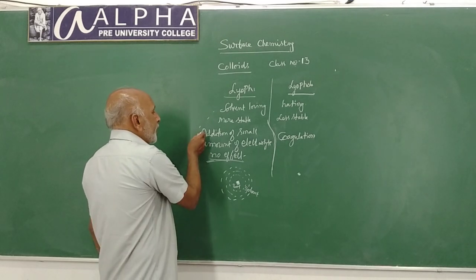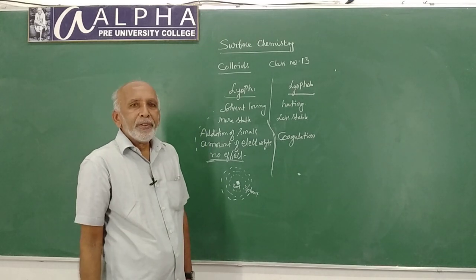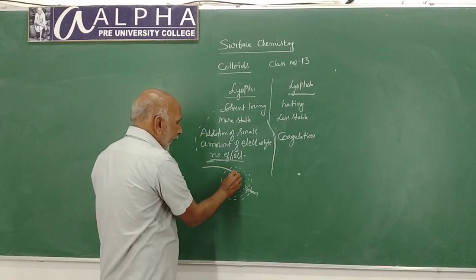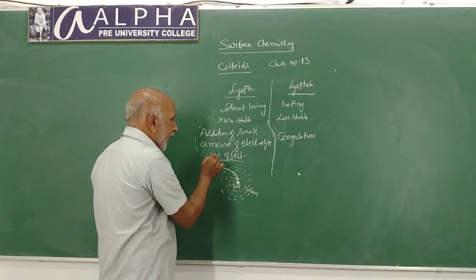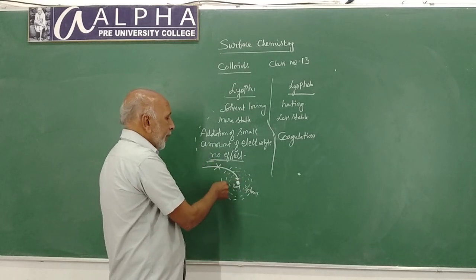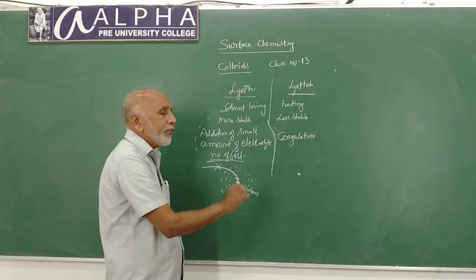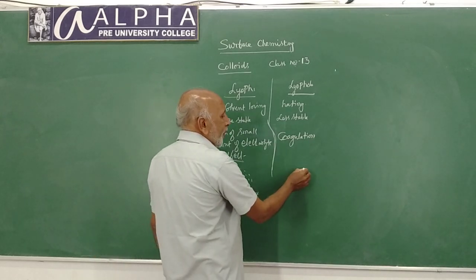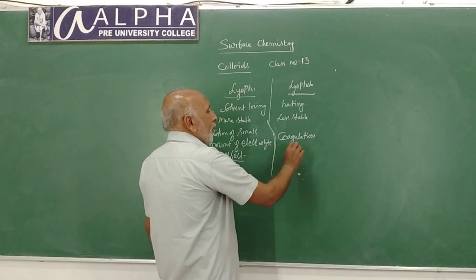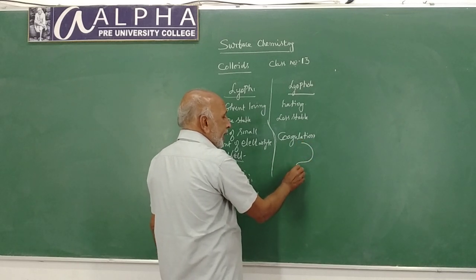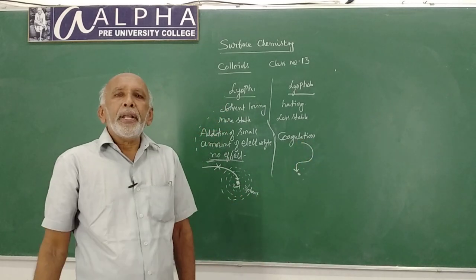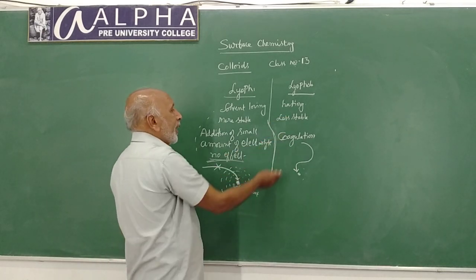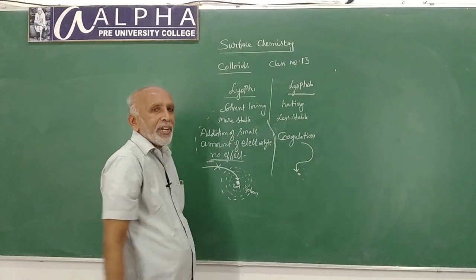Next, on addition of electrolyte, the electrolyte cannot attack the salt particles directly because there are a number of protective layers of solvent around each salt particle. Here there are no such protective layers, so the electrolyte directly attacks the salt particles and brings the coagulation. That's why lyophobic salts are less stable, lyophilic salts are more stable.